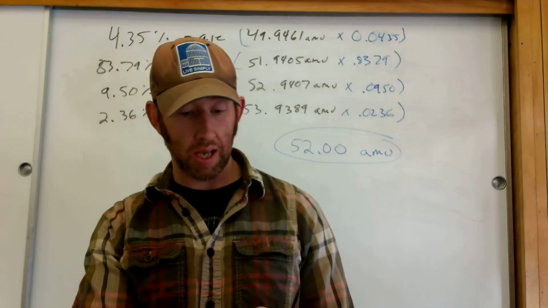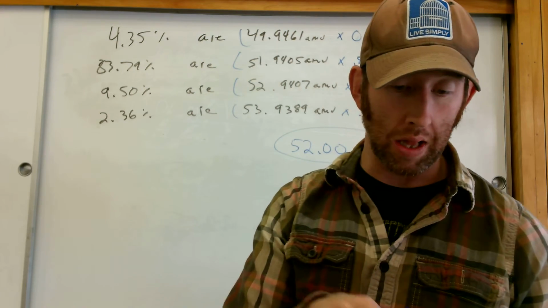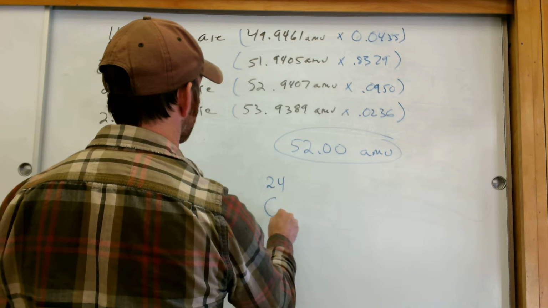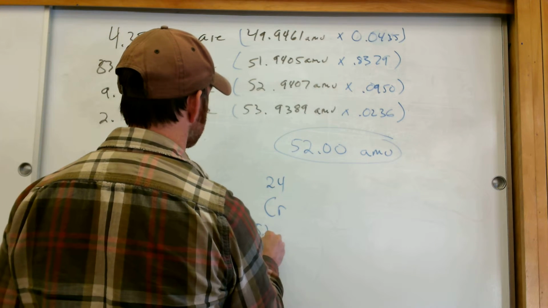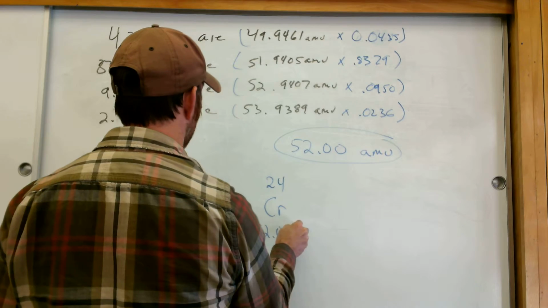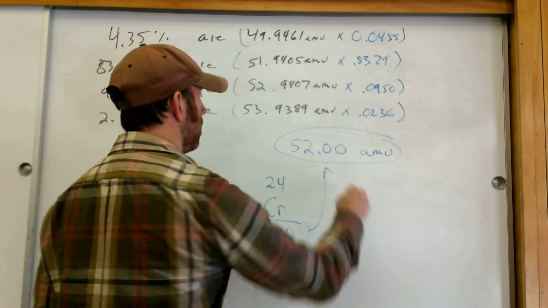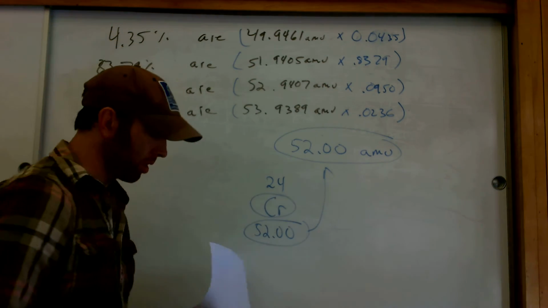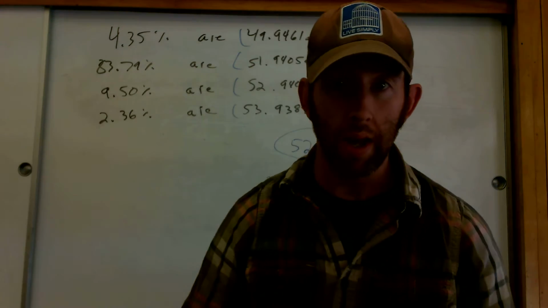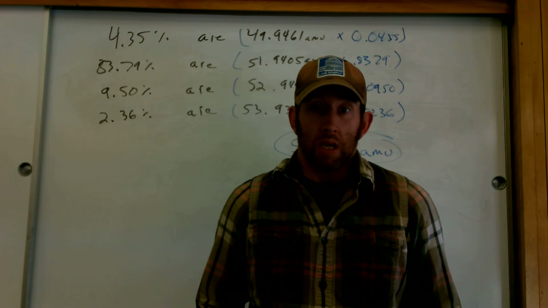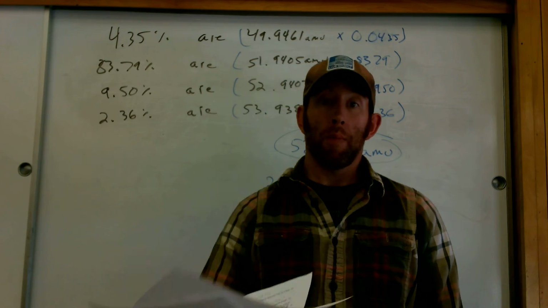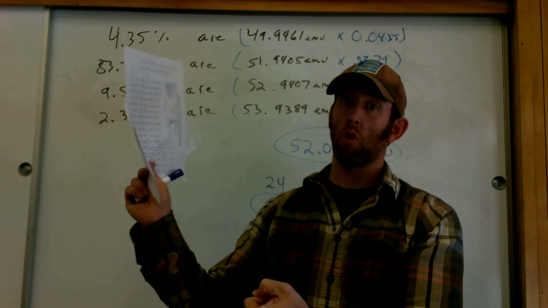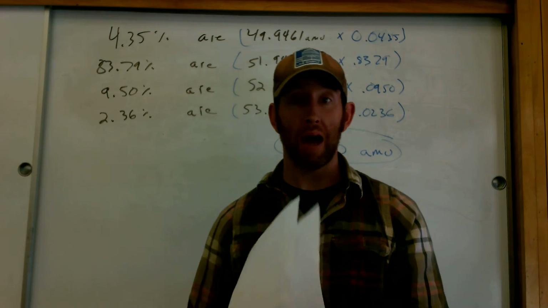So I'm going to scan, go up in order, and I land right there on number 24, which is chromium, whose average mass actually comes out identical to that element we found right there. So that makes this mystery element chromium. All right, so that is it for average atomic mass, which, if you remember, is a weighted average because it accounts for the different values and how abundant they are.